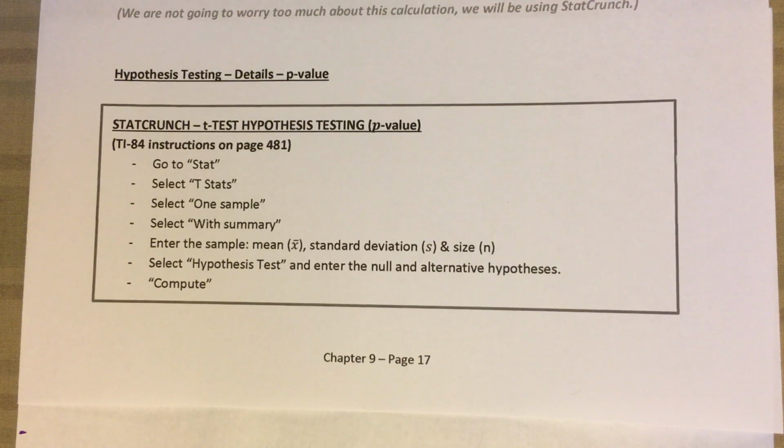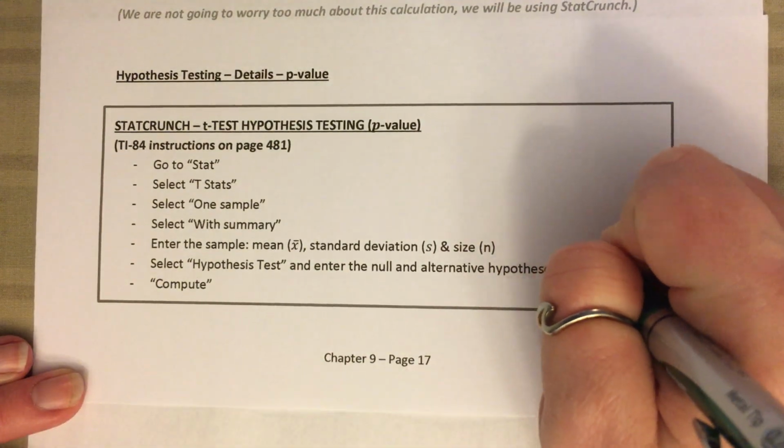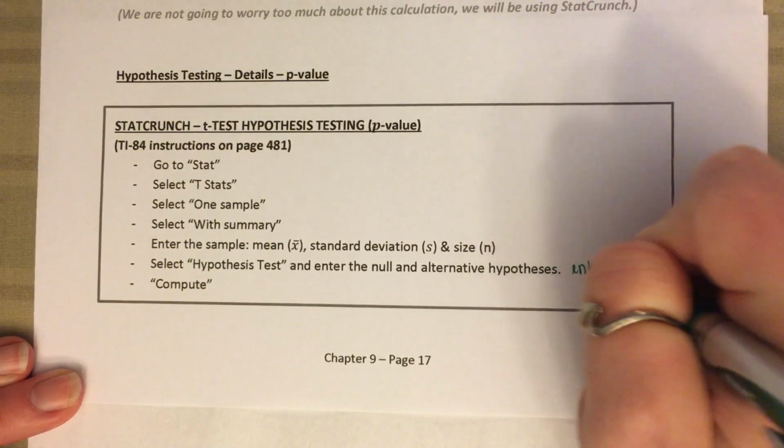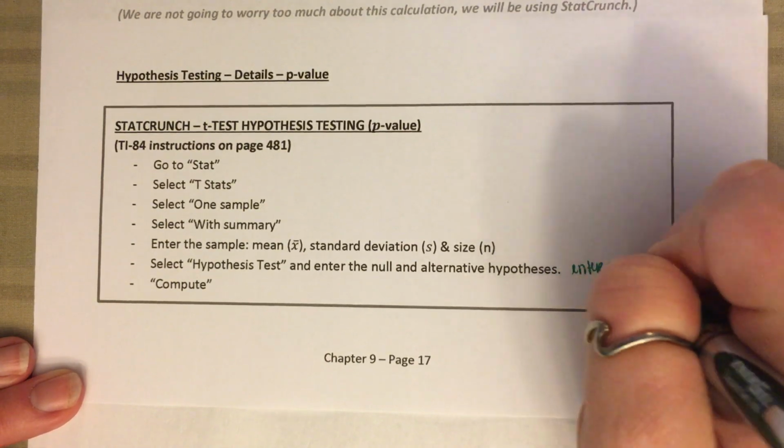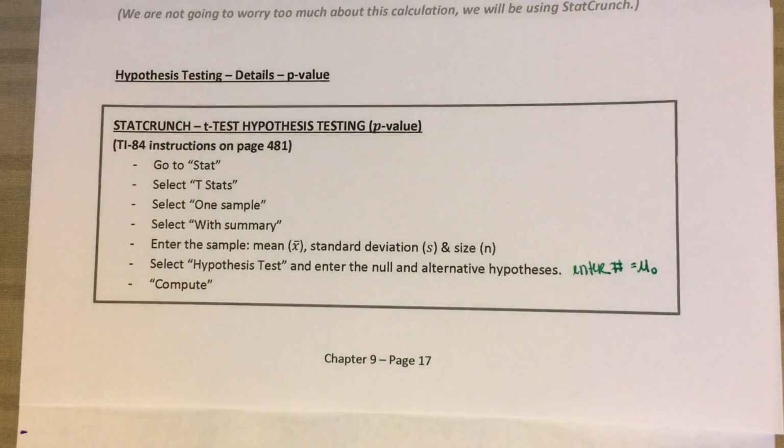And as we're doing these, we want to make sure that when we're putting these in there, we are going to enter our mu naught value. So we are going to have to enter a number, right, when we're doing our hypotheses, and that's going to be the mu sub 0 that we're going to see in our list of information on the next page. So just keep that in mind.